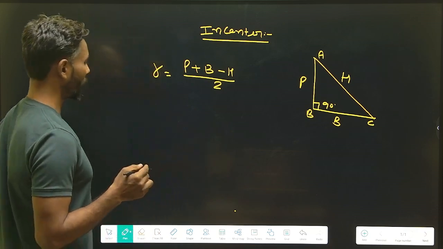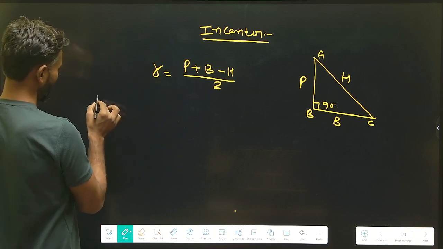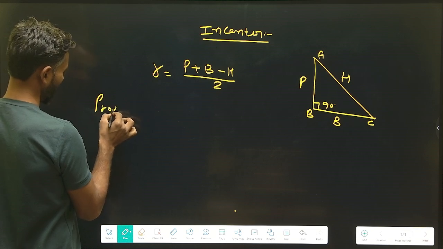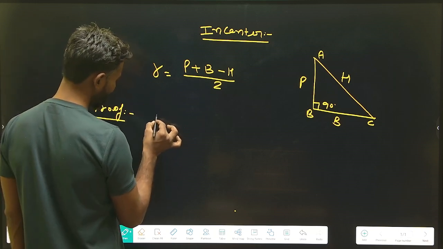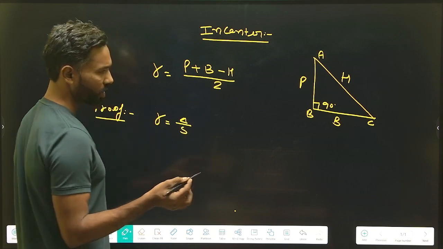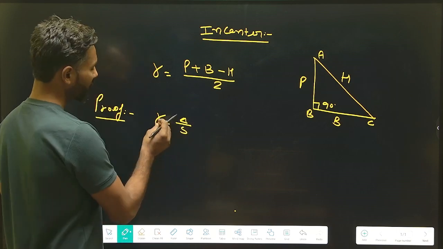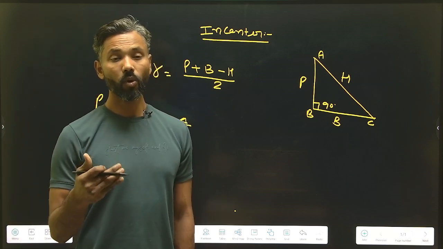So now we are going to discuss the proof of this formula. Basically we discussed that r will be equal to del upon s, where del represents the area of the triangle and s is the semi perimeter. What is the semi perimeter? Semi perimeter means half the sum of all three sides of the triangle.